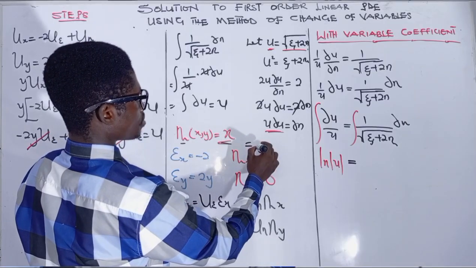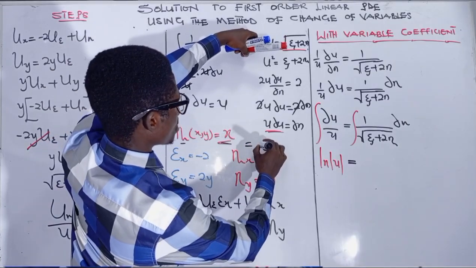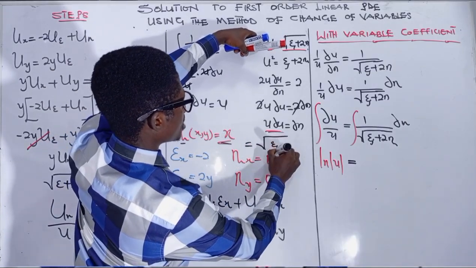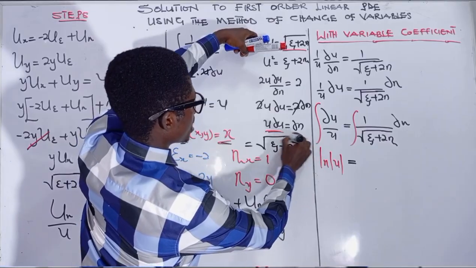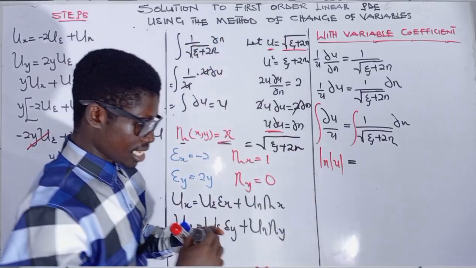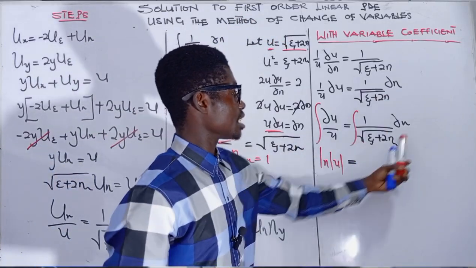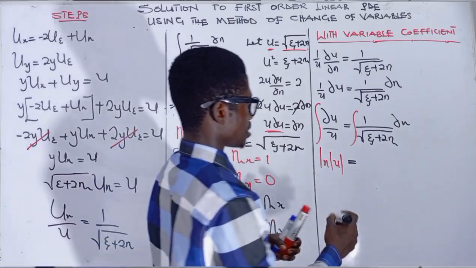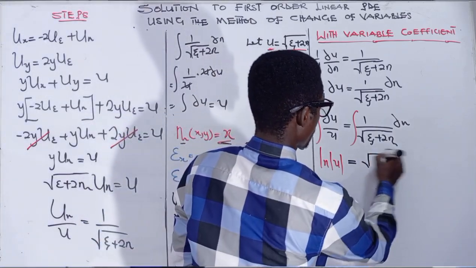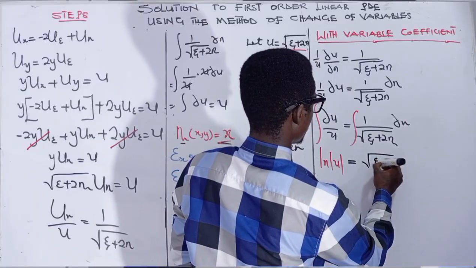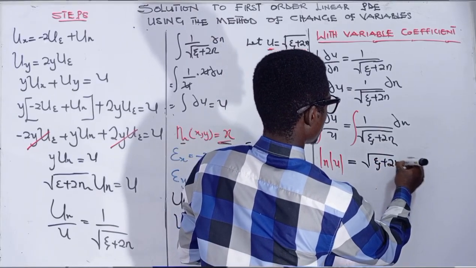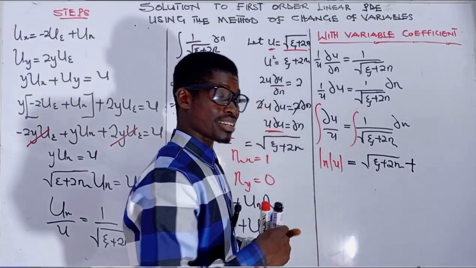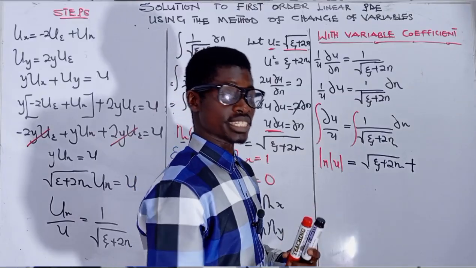So we are going to have u, and we know that our u is equal to root of xi plus 2 eta. So it means that the integral of the whole of this is given as root of xi plus 2 eta, then plus our constant of integration.